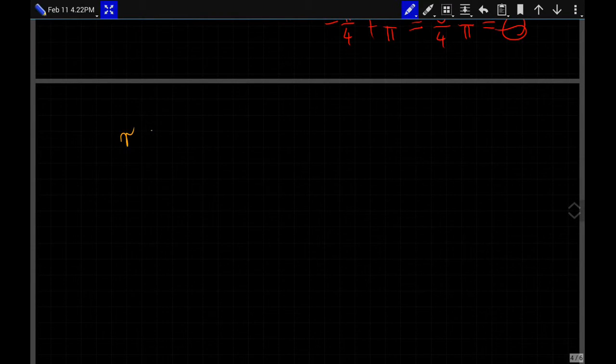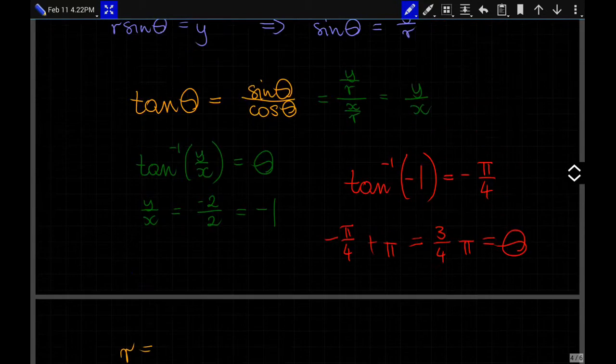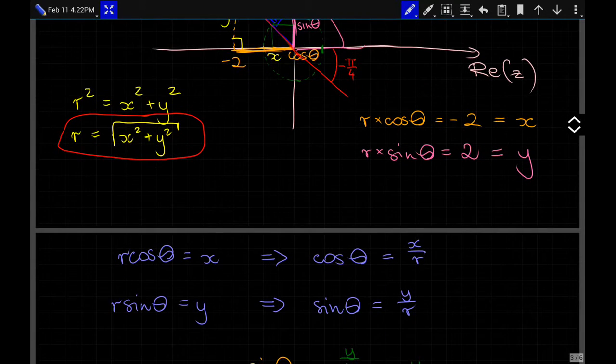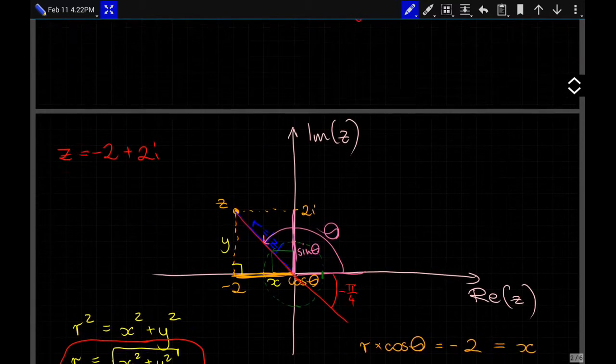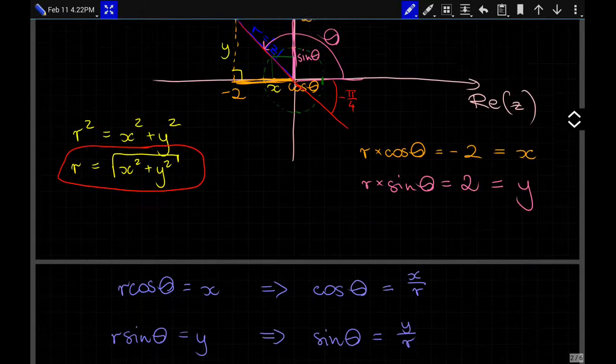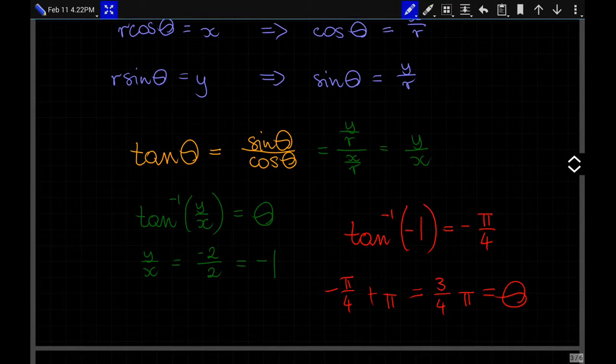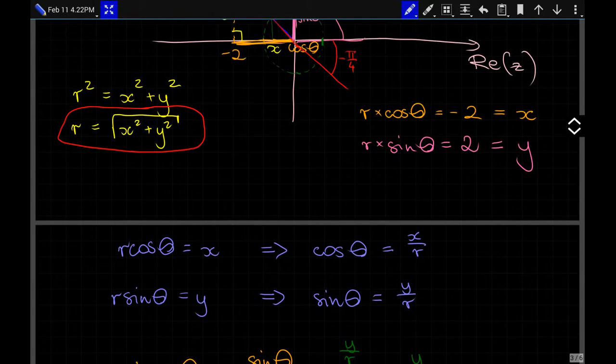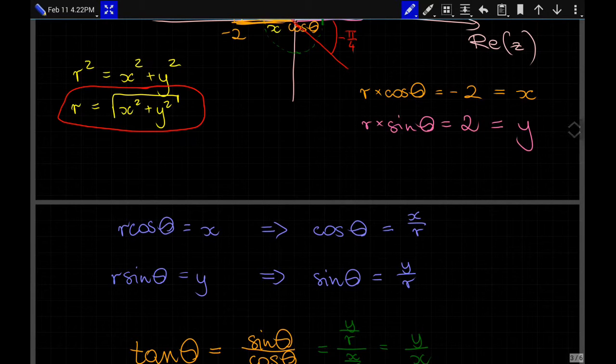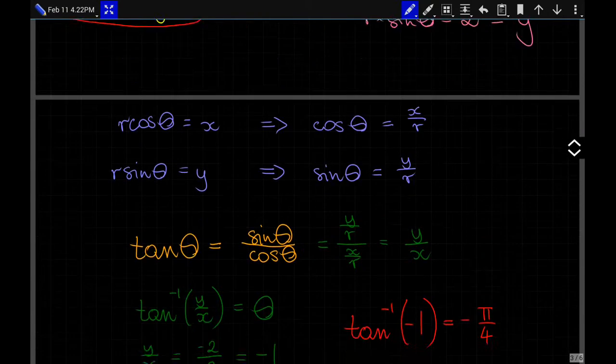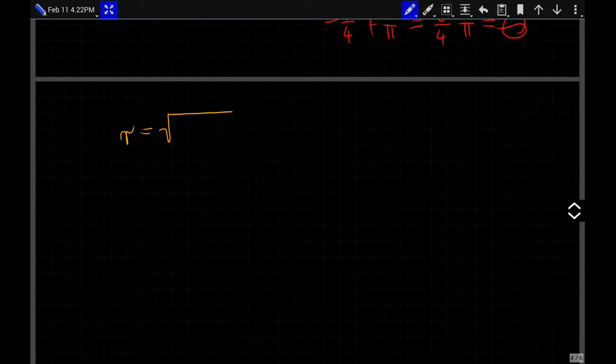So we have our r, which is the square root of x squared plus y squared. We're going to calculate it again. X squared is -2 squared plus y squared is 2 squared, and that is 2 square root of 2.